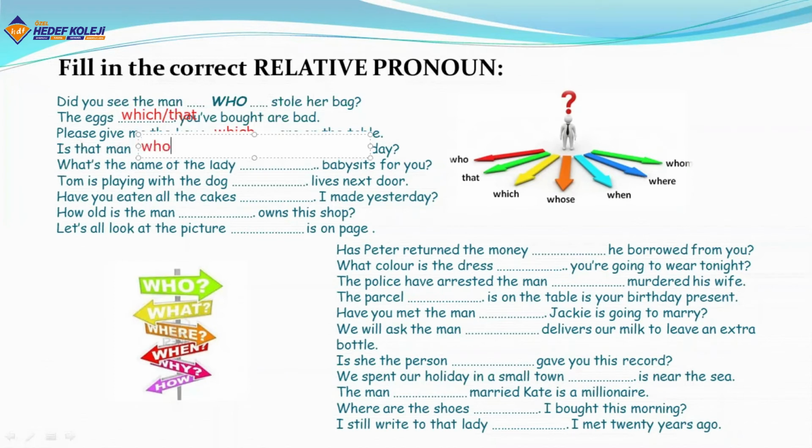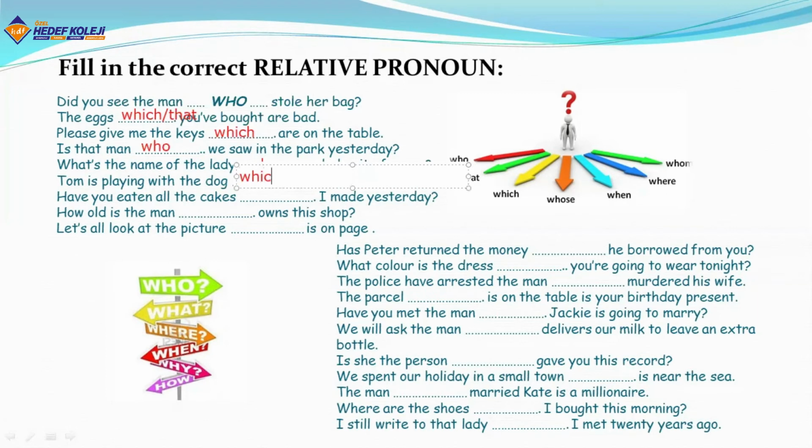Then we can use who. What's the name of the lady? Lady, again person, who. Tom is playing with the dog. Dog is an animal, so which or that. Have you eaten all the cakes? Cakes is a thing, so which.